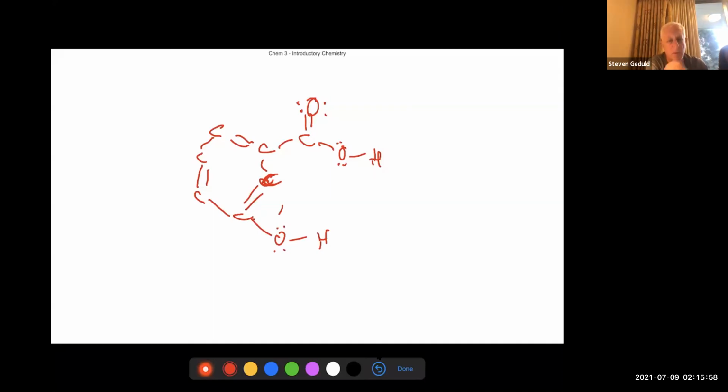And this is an OH group on this carbon. Okay, salicylic acid. I should put the hydrogens on here too, so it doesn't confuse everybody. Hold on. Let me add your hydrogens. Everything has 1 hydrogen here. That one doesn't. I'm missing something.